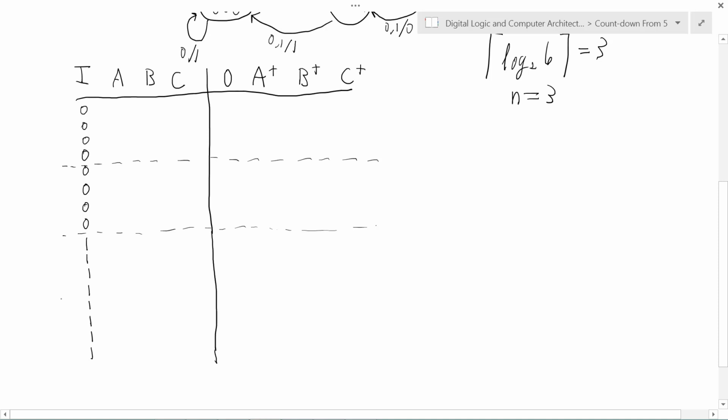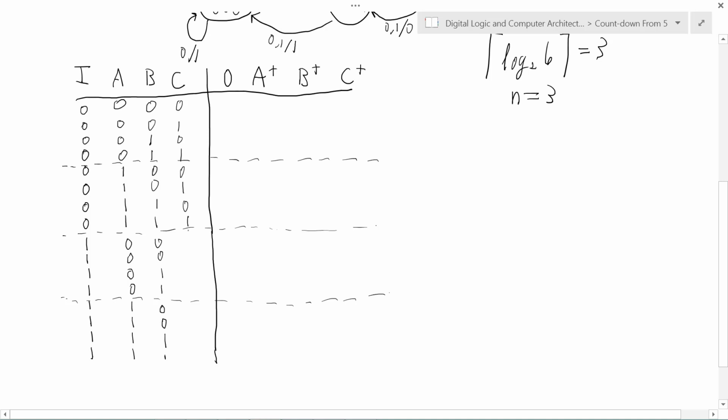And let's do input variable A, then bits 0, 0, 1, 1 repeating, and then alternating bits 0, 1, 0, 1 for all 16 rows.